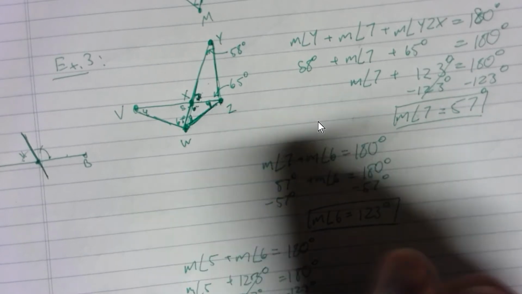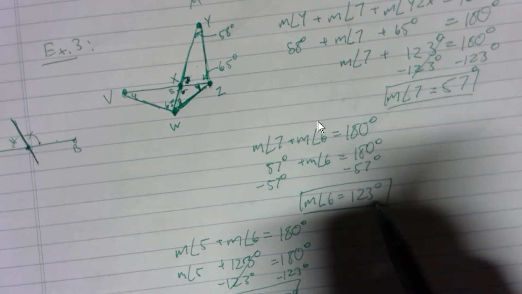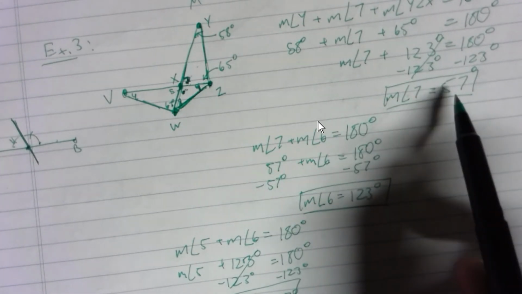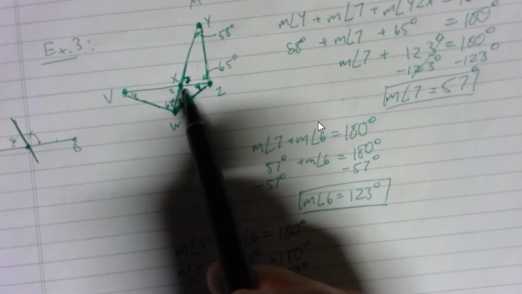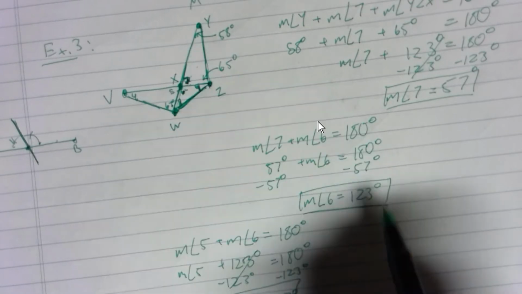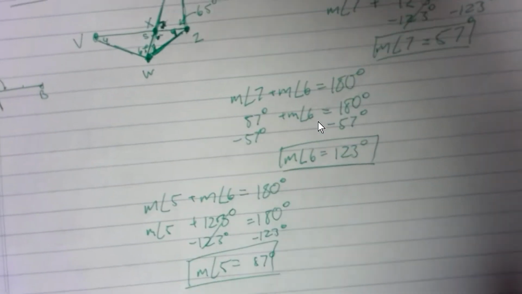That's very funny, because since the measure of angle 7 and the measure of angle 6 were on the straight line, the measure of angle 7 was 57 degrees, and then the measure of angle 6 is 123 degrees. But because the measure of angle 6 also is on a straight line to angle 5, and it's still 123 degrees, that should make the measure of angle 5, oddly enough, equal to this.